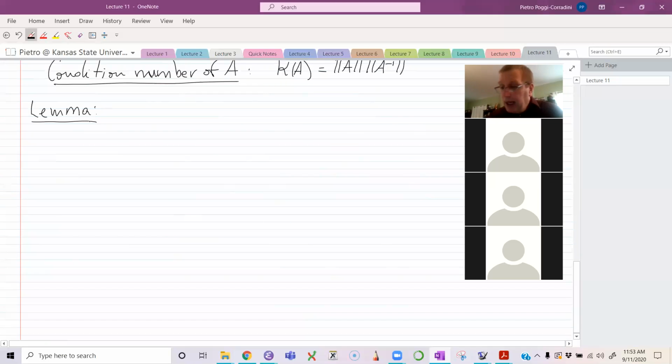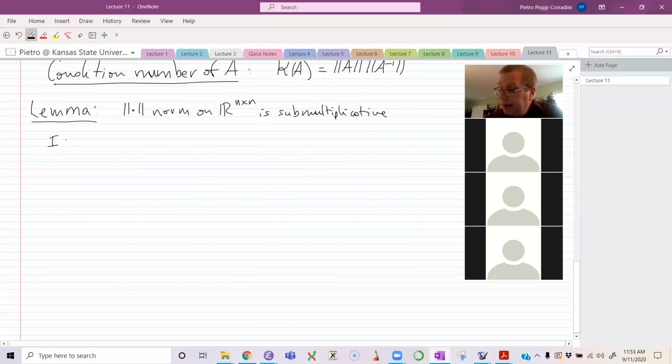Let's assume that you have a norm on the square matrices, and it's submultiplicative, like an operator norm or the Frobenius norm.